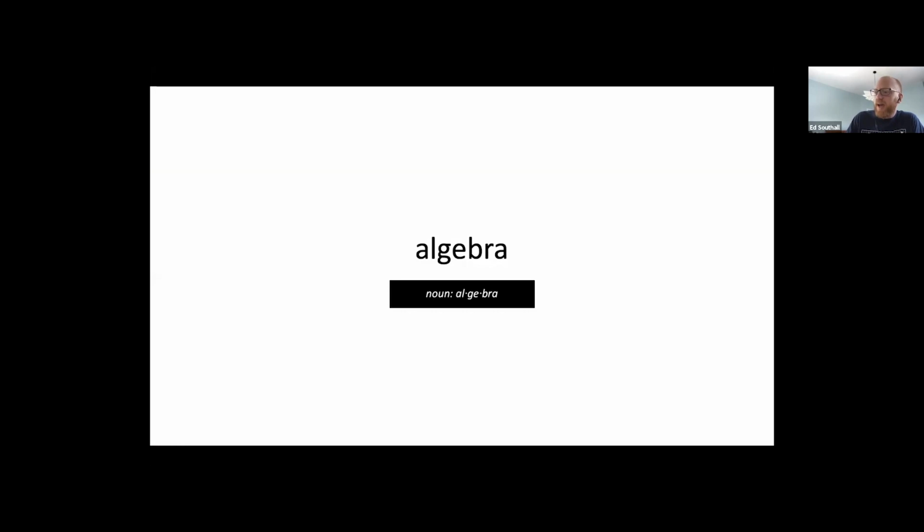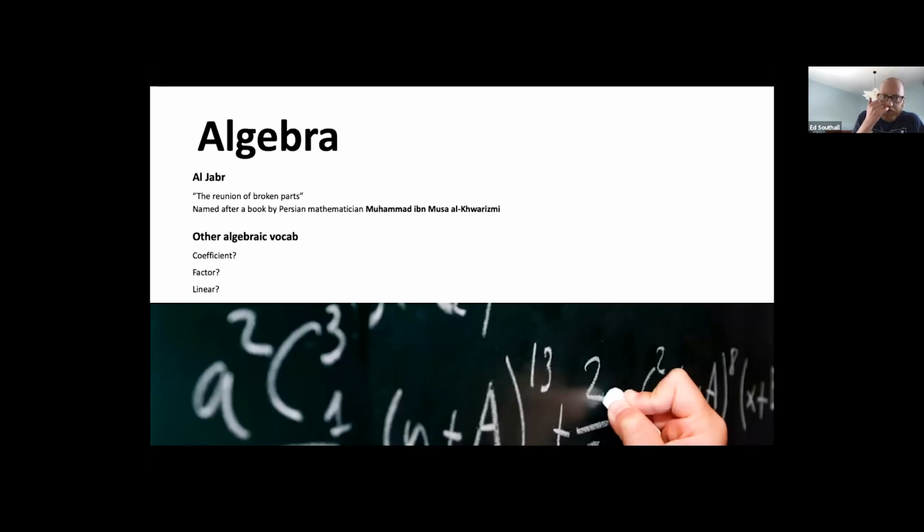Next word is algebra. So again, a really strange word to use. Doesn't get really used anywhere else outside of maths. And algebra is actually the name of a book. Algebra, like this, AL space JABR, and this is Arabic.